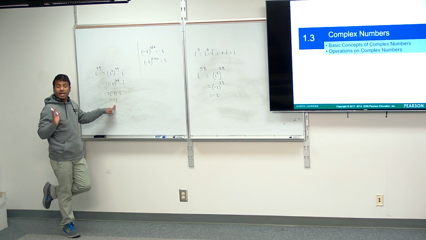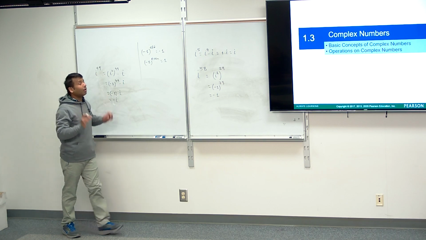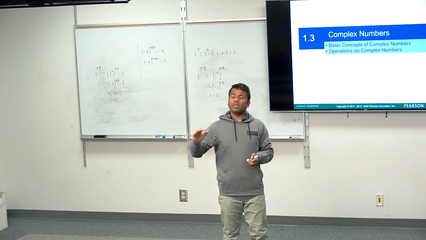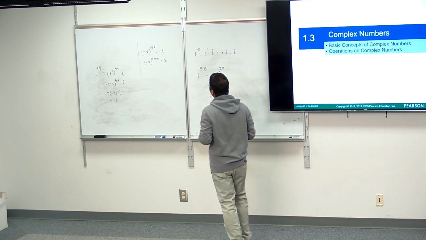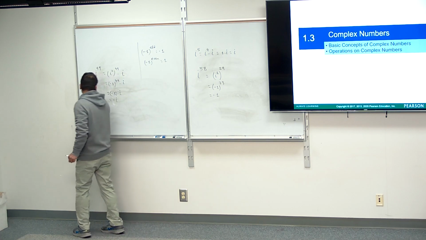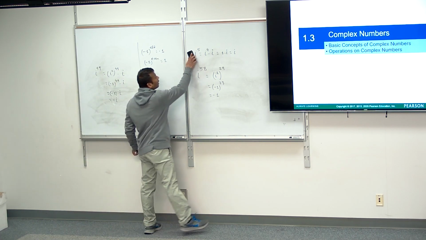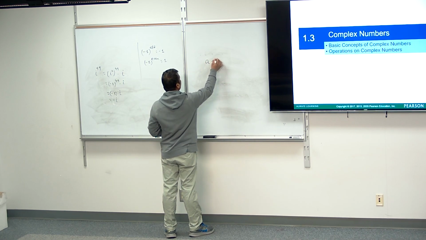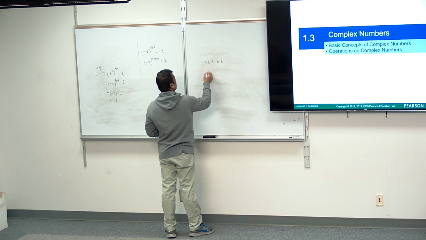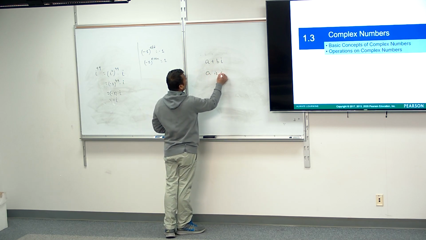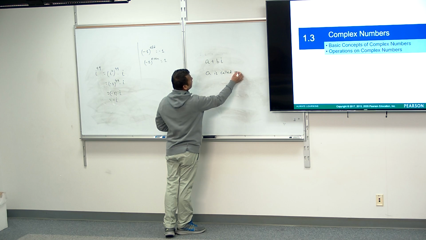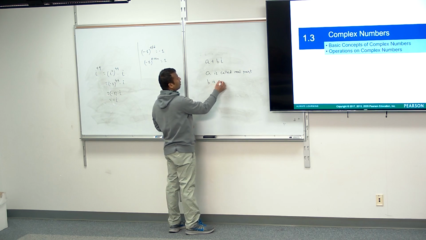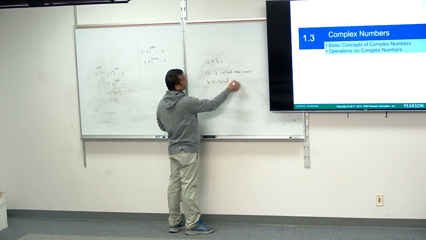So i is an imaginary number, okay? So now, let me define the complex number. Any number in the form of a plus bi is a complex number. Okay, if you have a number in the form of a plus bi, a is called the real part, and b is called the imaginary part, okay?